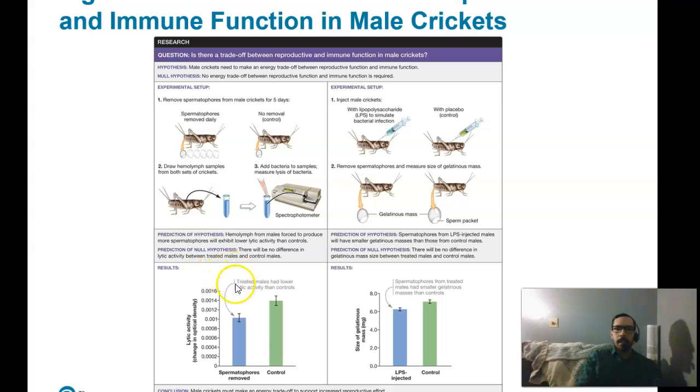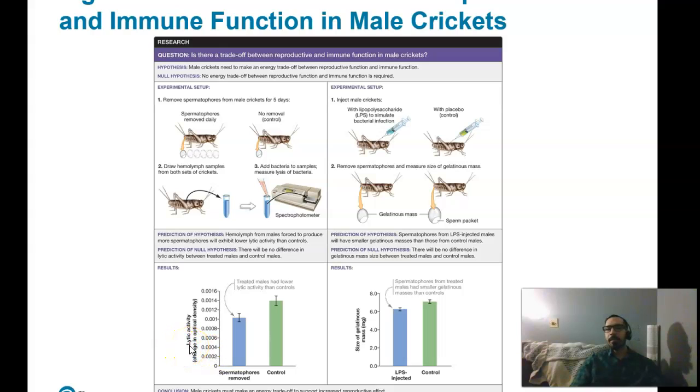And then they looked at how much lytic activity was in the groups because they added bacteria to those samples. So after adding the bacteria to the samples, they noticed that there was more lytic activity in the group that had the spermatophores, or there was lower lytic activity in the groups that had their spermatophores removed.